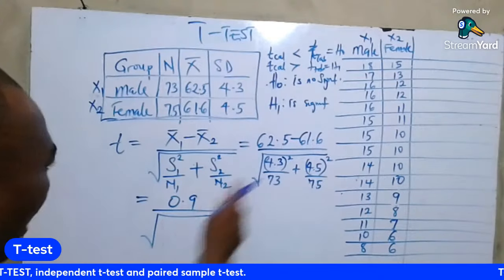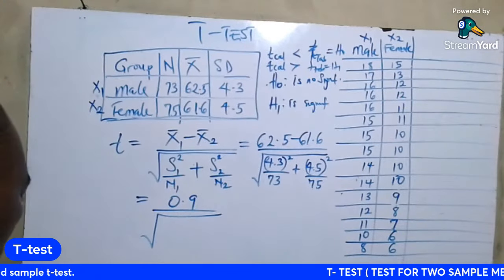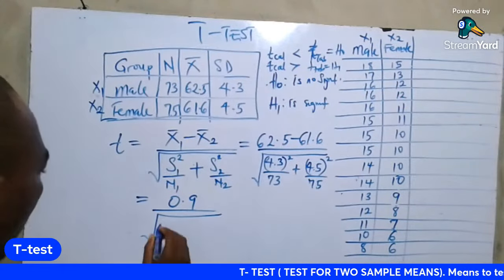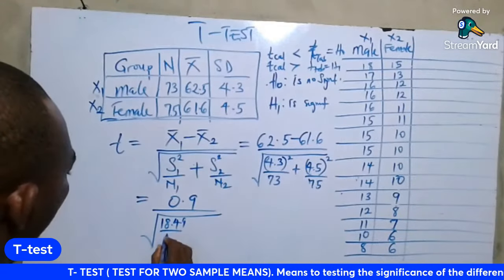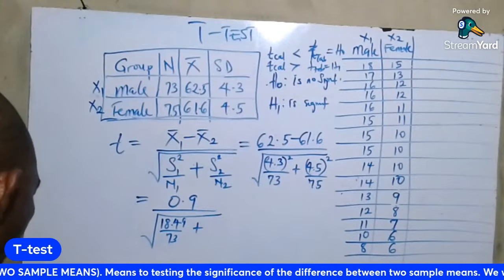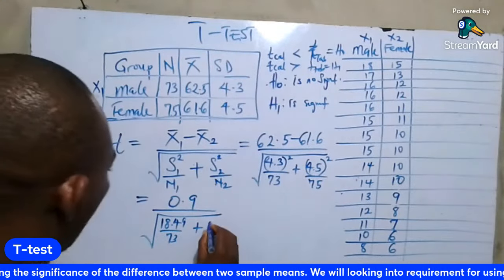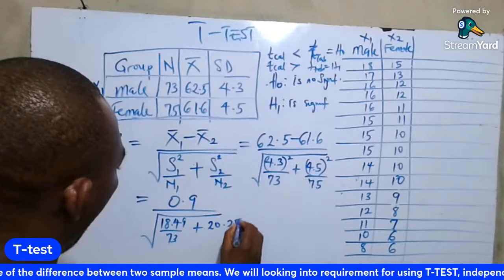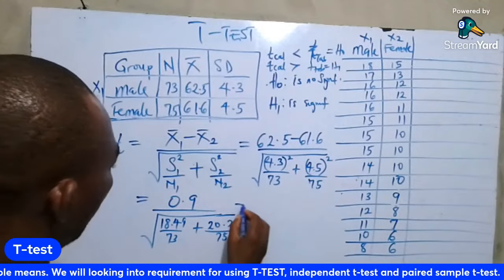So come back here now and square your 4.3. 4.3 squared will give me 18.49, to be divided by 73, plus 4.5 squared, which will give me 20.25, divided by 75.